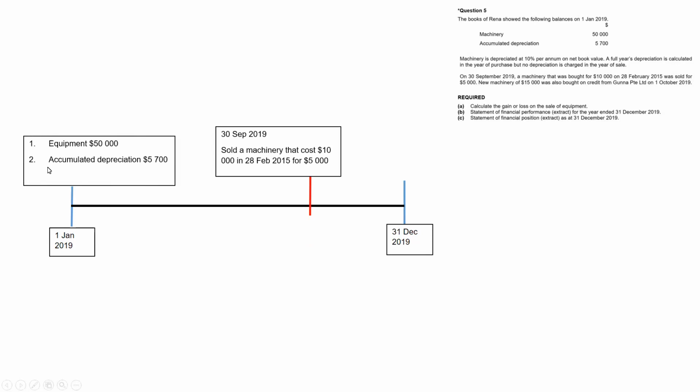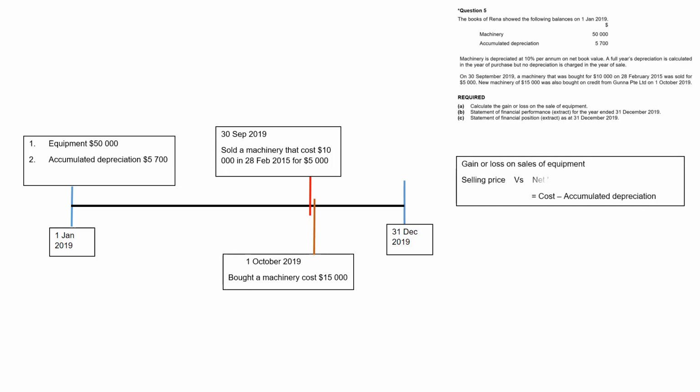I just want to summarize. On 30th September, we sold a machine that previously cost us 10,000 on 28th February 2015. We are going to sell it for $5,000. Then the following day, we bought a machine that cost 15,000. To calculate the gain or loss on sales of equipment, we have to look at the selling price versus the net book value of the equipment that we are selling.